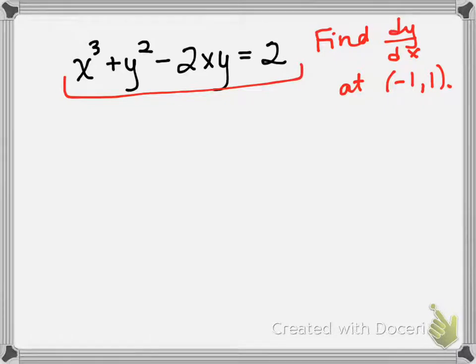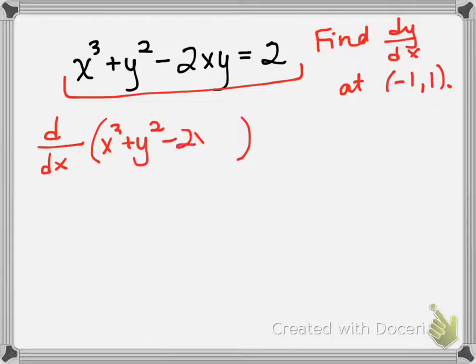When we take the derivative with respect to x on both sides, we do need to do it to both sides. We also need to think about y changing when x changes.